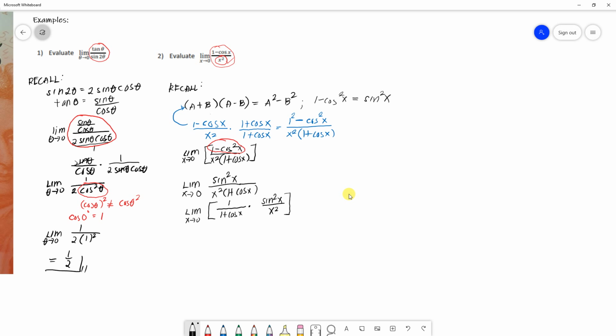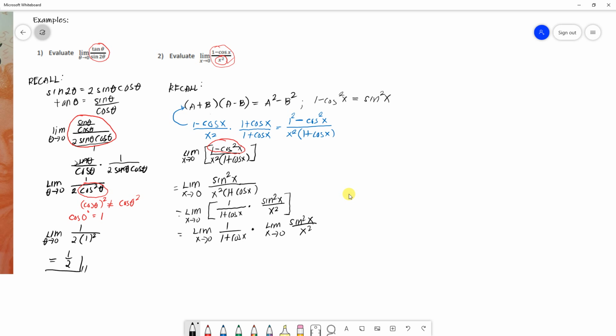Okay, next. According sa limits theorem, di ba, pag multiplication, pwedeng paghiwalayan. Limit of 1 over 1 plus cosine x, where x approaches to 0, times limit of sin squared x over x squared, where x approaches to 0. Okay, do you follow? Nakakasunod pa rin?